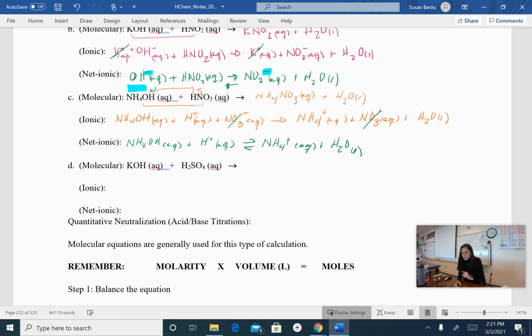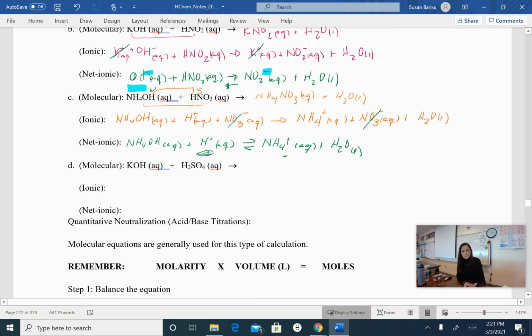Okay, once again, my charges balance. I have a positive 1 right here, and I have a positive 1 right here. And my types and numbers of things also balance. Okay, so weak base with a strong acid, I'm going to have an acidic solution here.